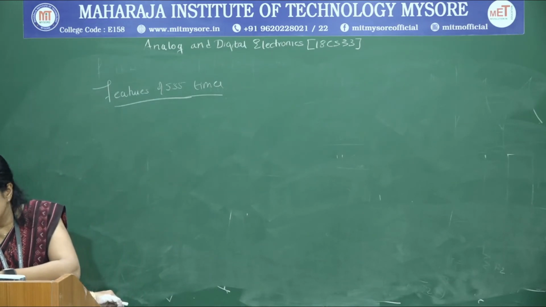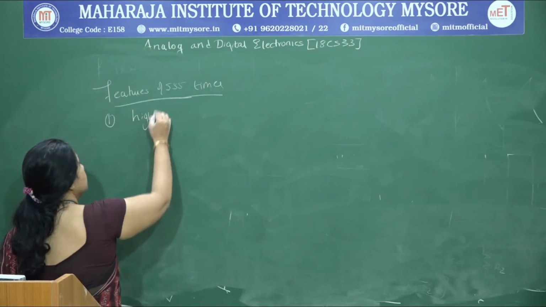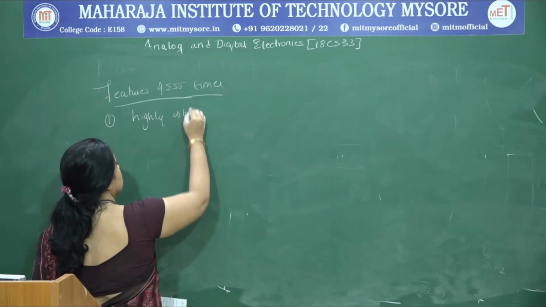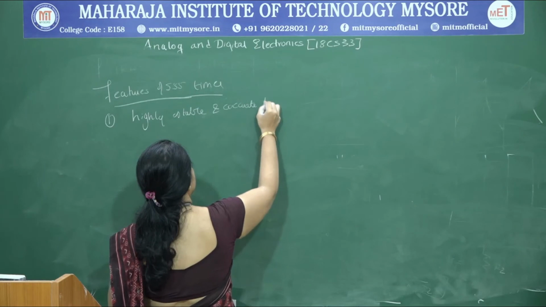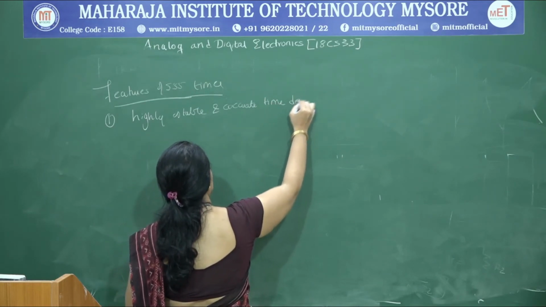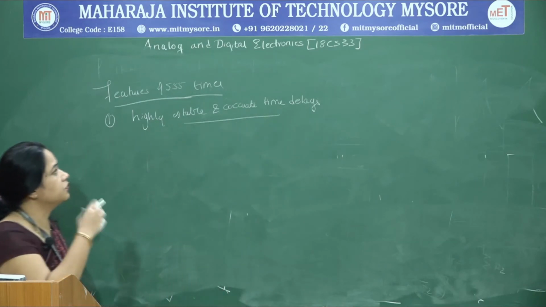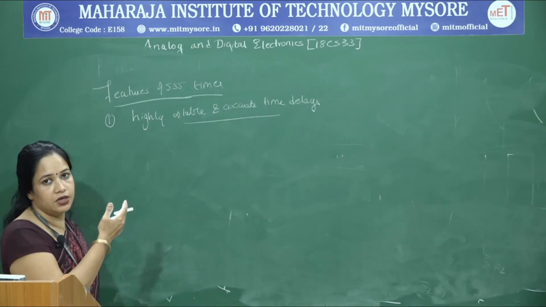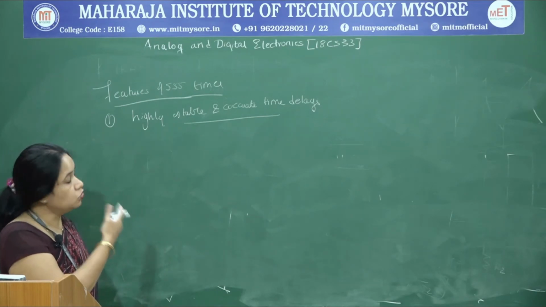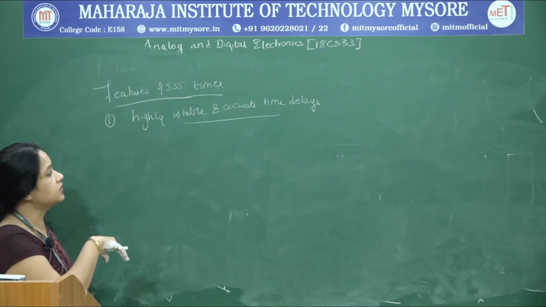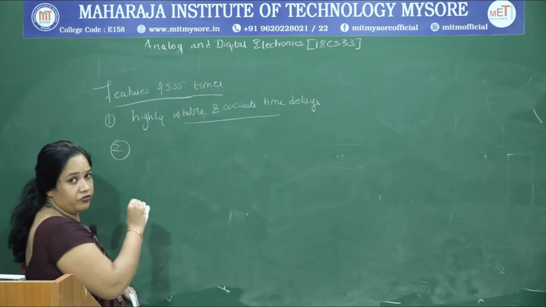The 555 timer provides very highly stable and accurate time delays, making it suitable for generating various timing signals. And the second one is that it can be easily configured.